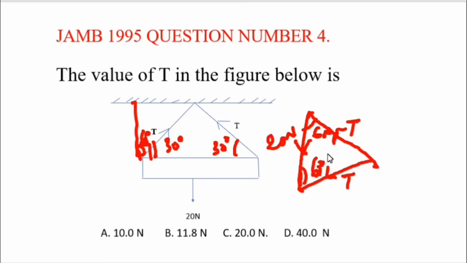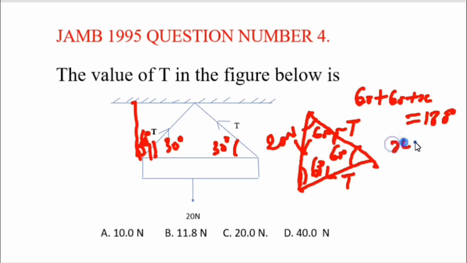All right. From a knowledge of triangles, we know that the sum of angles in a triangle is 180 degrees. So here will be 60 degrees, because 60 plus 60 plus x should equal 180 degrees. If you make x the subject of the formula, you now have 60 degrees. Now we're going to use the sine relation to solve this.